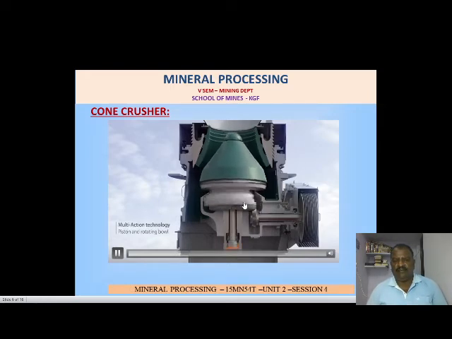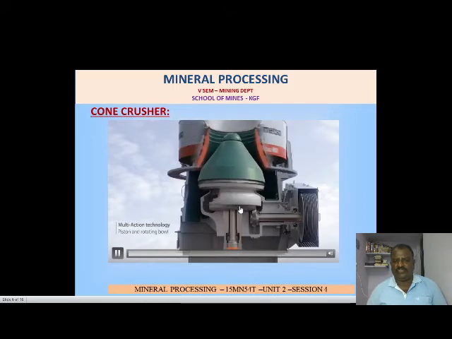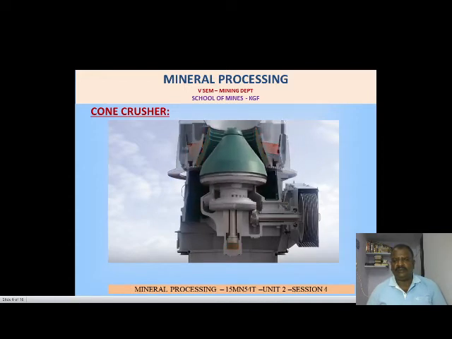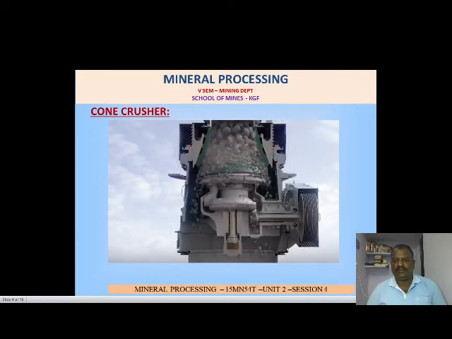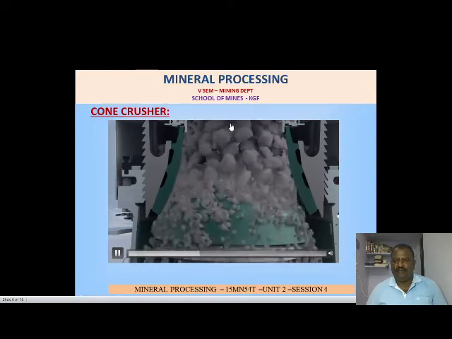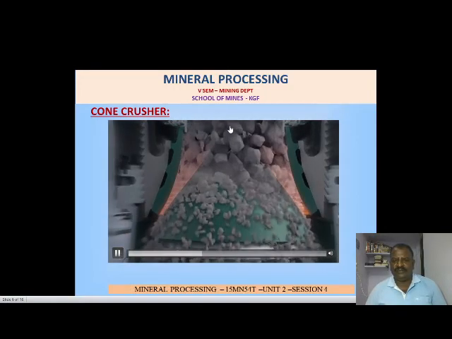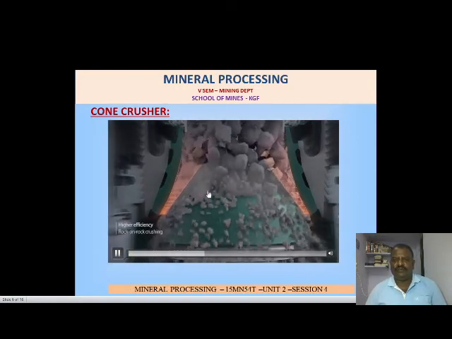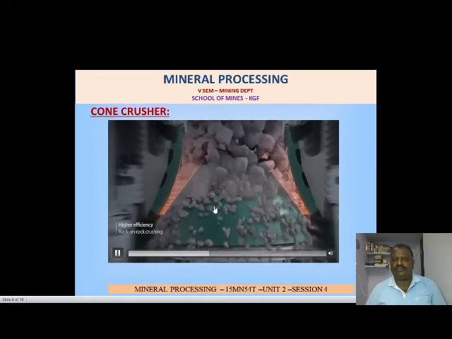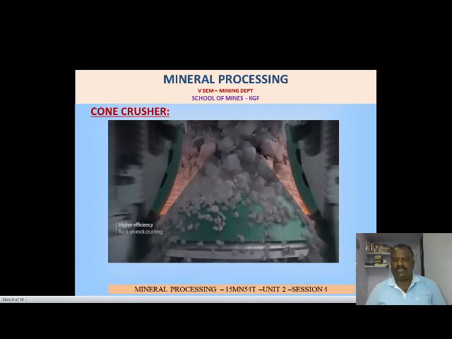This contains multi-action technology, piston and rotation rolling. See the material, the crushed material which comes from the top feeding to this one, and due to the rotation of the center cone, again it will crush it to the targeted size.